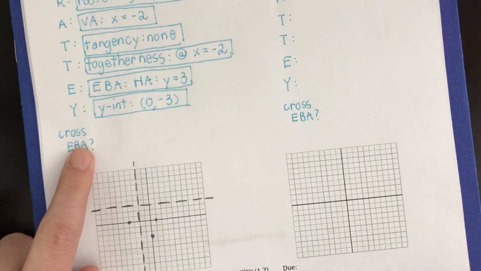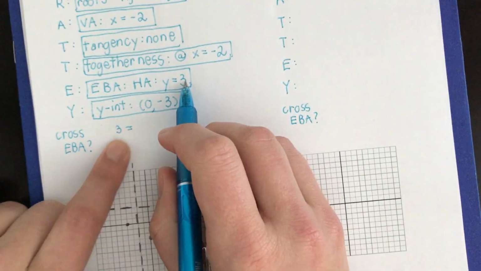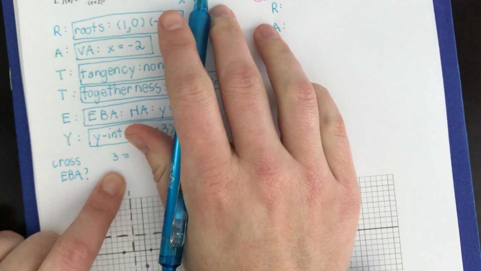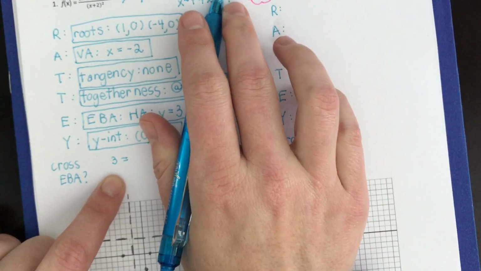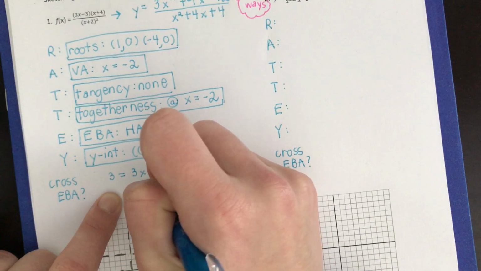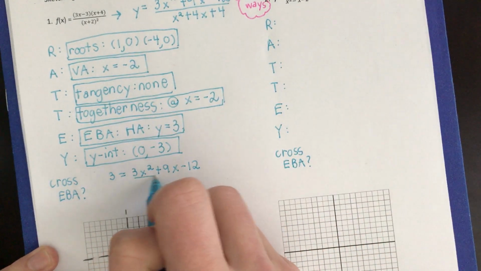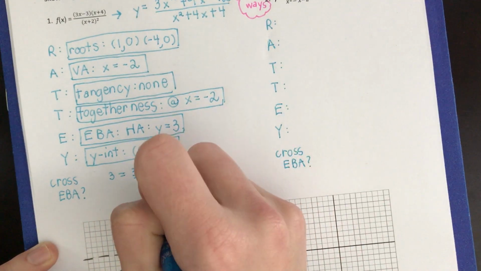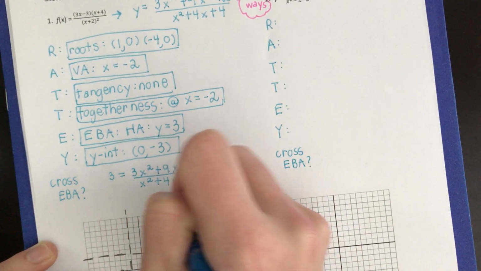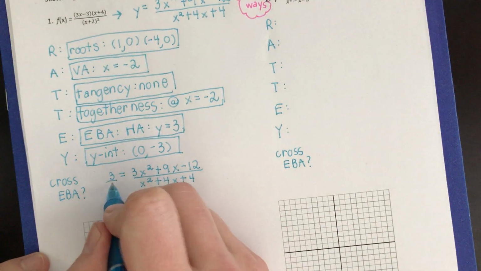So do we cross the EBA? Remember, the horizontal asymptote is y equals 3, and again, in my opinion, it's much easier to use this version. Otherwise, you're going to have to multiply a lot. We already did it, so why reinvent the wheel? Kind of low on space here, aren't we? So then over 1.